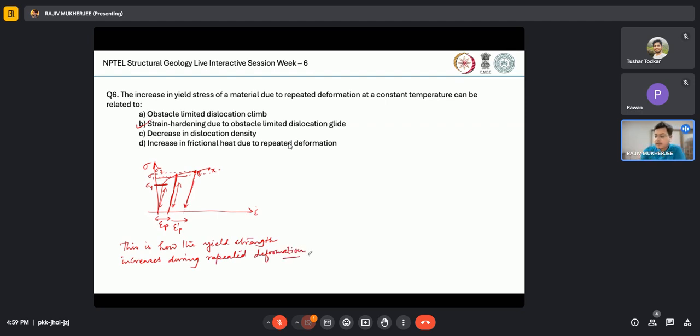Now, what is the cause behind this? So say for example, you have a polycrystalline sample. So this is your block of sample, then there are grains. Once you compress it, to accommodate the strain, the material will develop some dislocations within it.